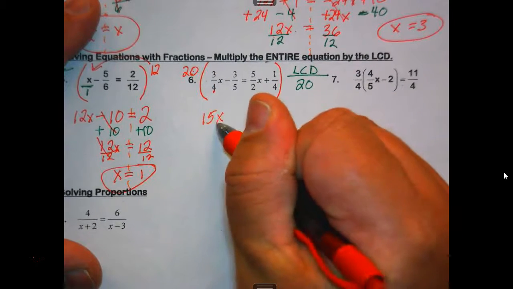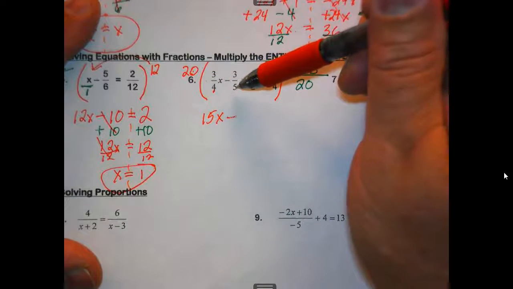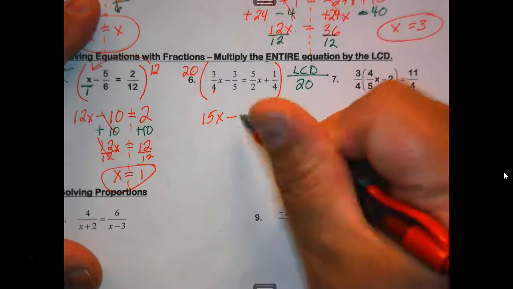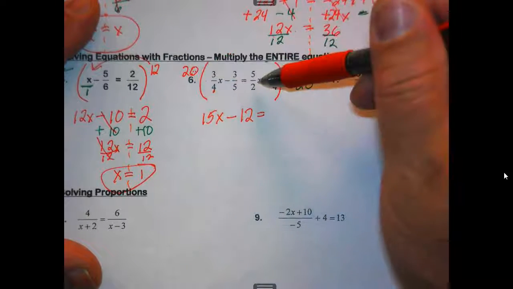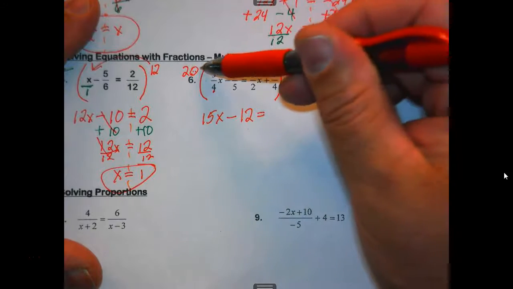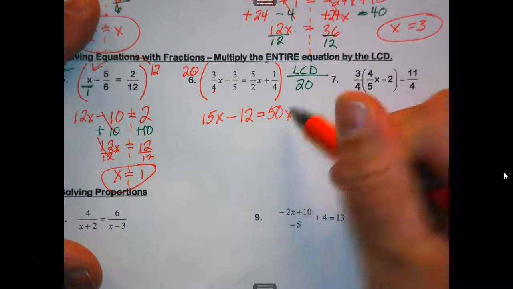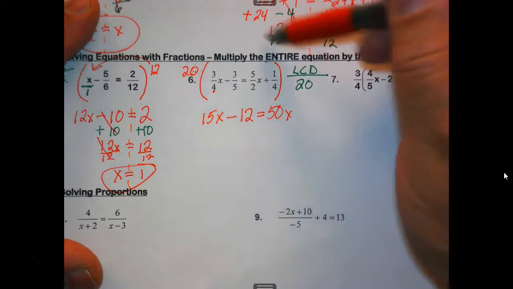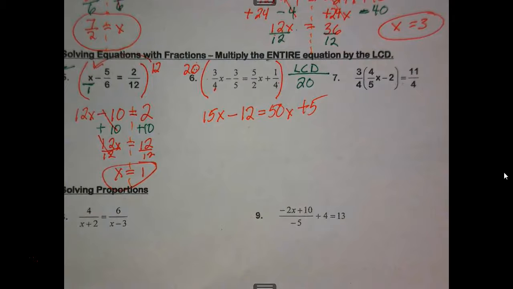Don't forget your x. 20 divided by 5, 4. 4 times 3, 12, no x. 20 divided by 2, 10. 10 times 5 is 50. Don't forget the x. 20 divided by 4 is 5 times 1.